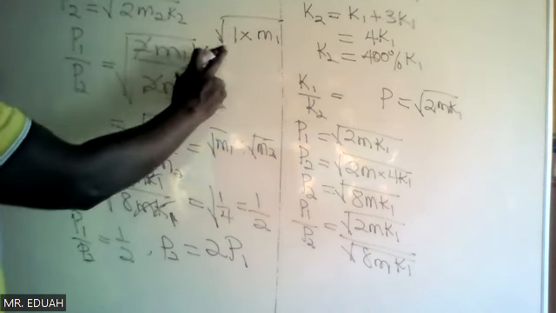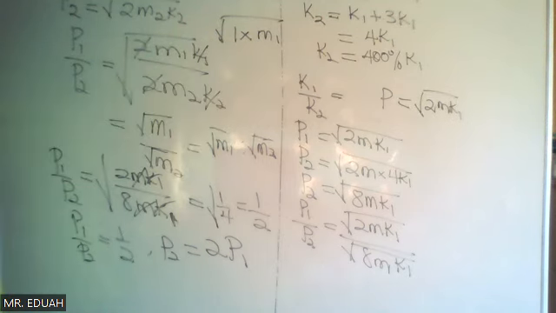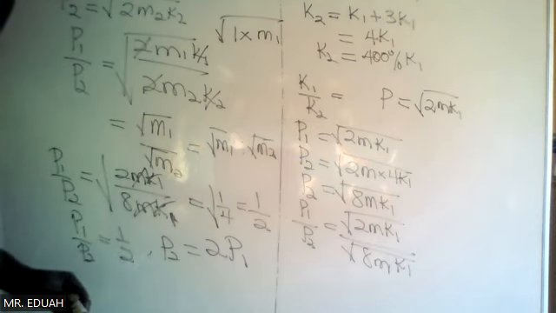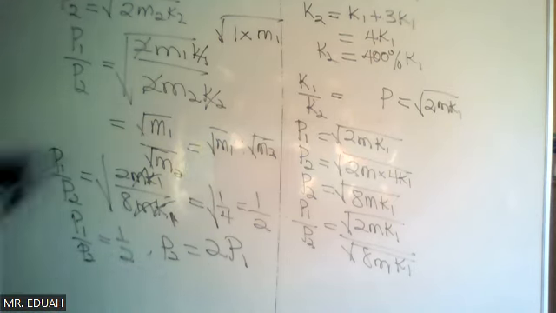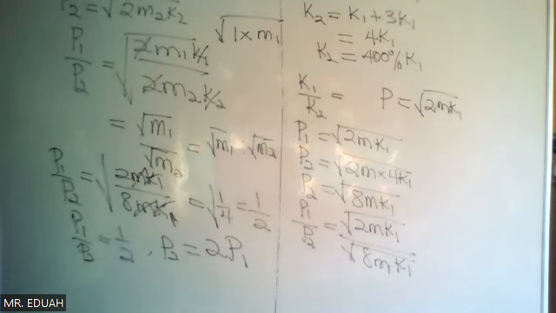Square root of 1 is 1, but it is times root of M1. It must strictly be root of M1 over root of M2. Are you okay? Okay.